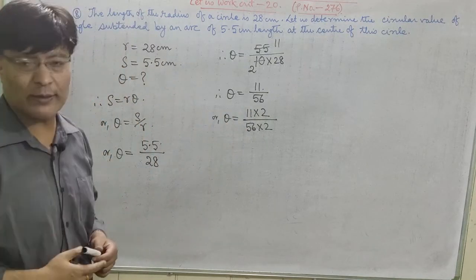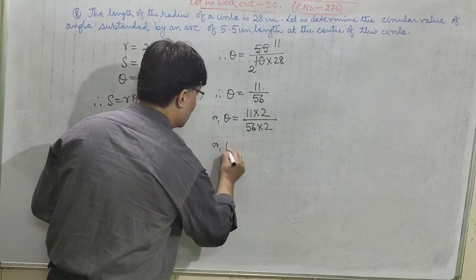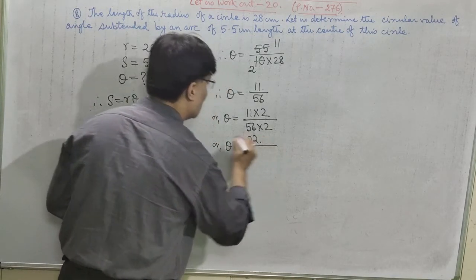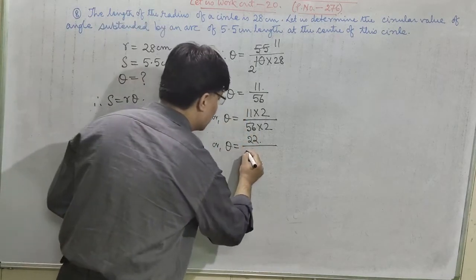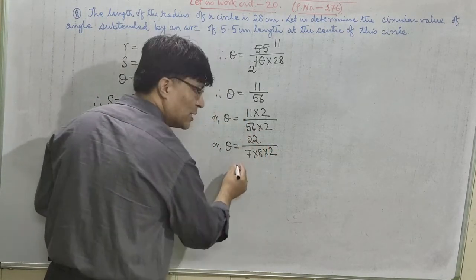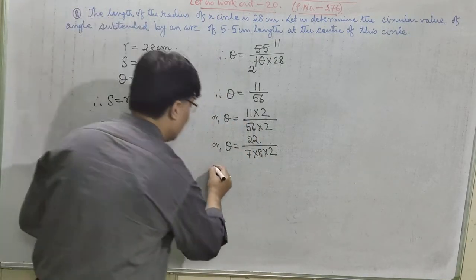So it is 22 divided by 56 into 2. And you know that 22 by 7 is pi radian. Now theta is equal to 22 by, 11 2s are 22. 56 means 7 into 8, 7 8s are 56.